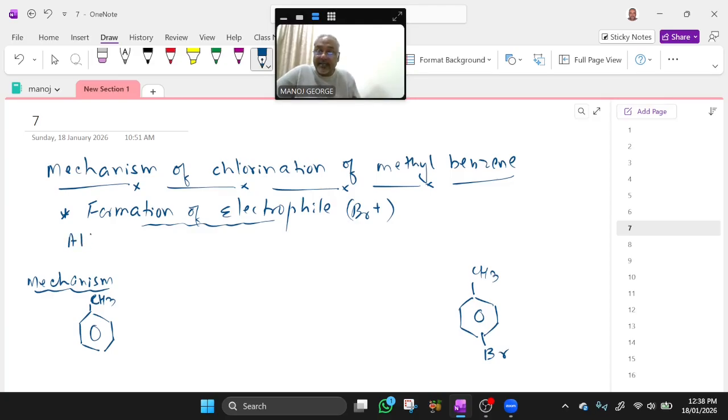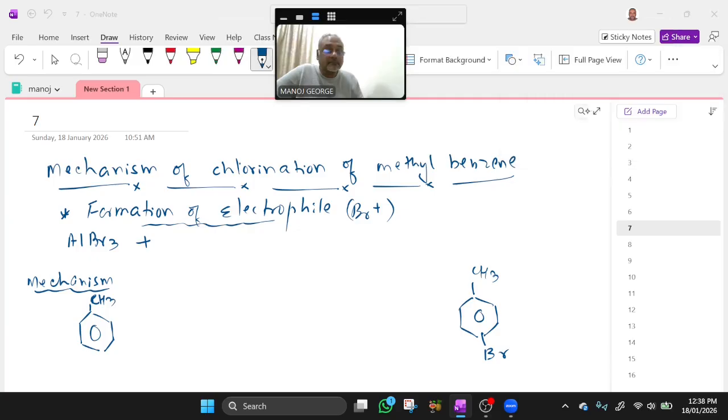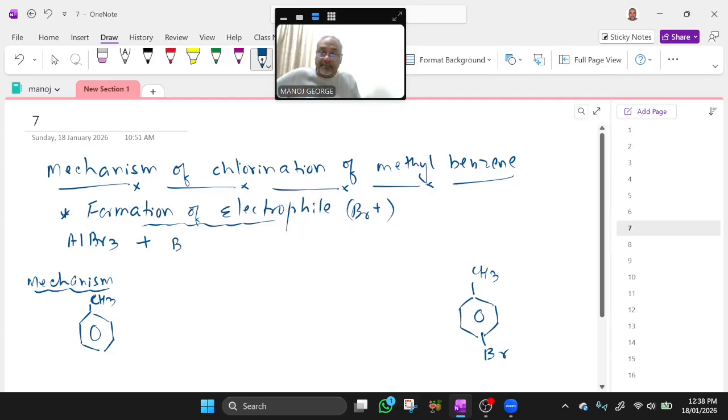That's the reaction between AlBr3 plus Br2. It will form AlBr4 negative plus Br plus.